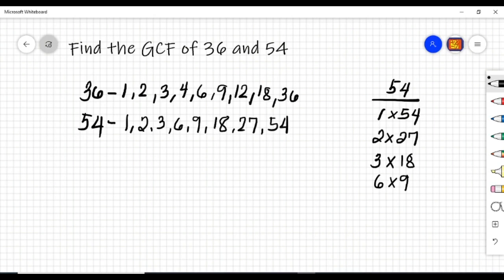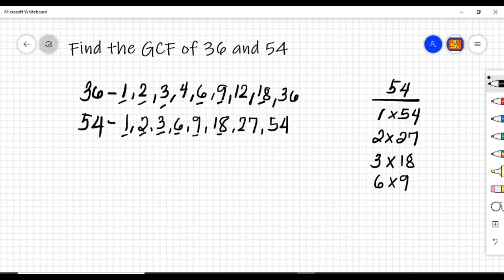After listing all the factors of 36 and 54, this time we're going to get the greatest common factor, or the largest factor that is a factor of both 36 and 54. So let's look for the common factors: 1, 2, 3, 6, 9, 18. 36 is not.